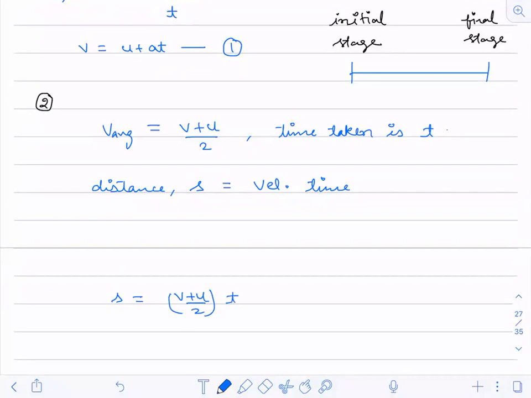Now just take t inside, or you just expand v.